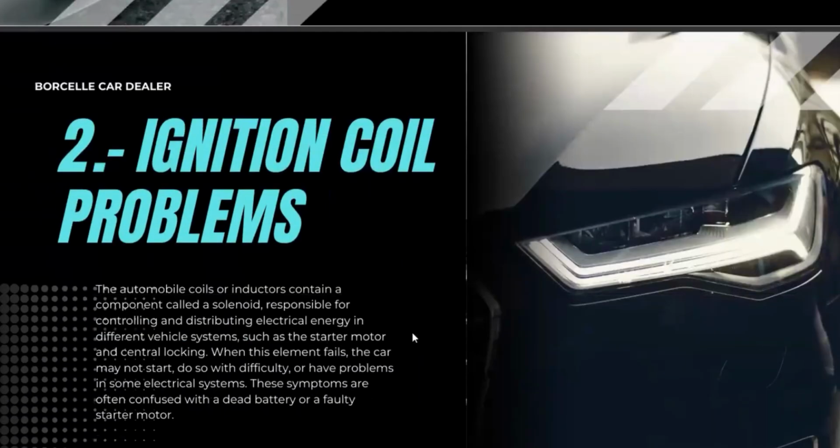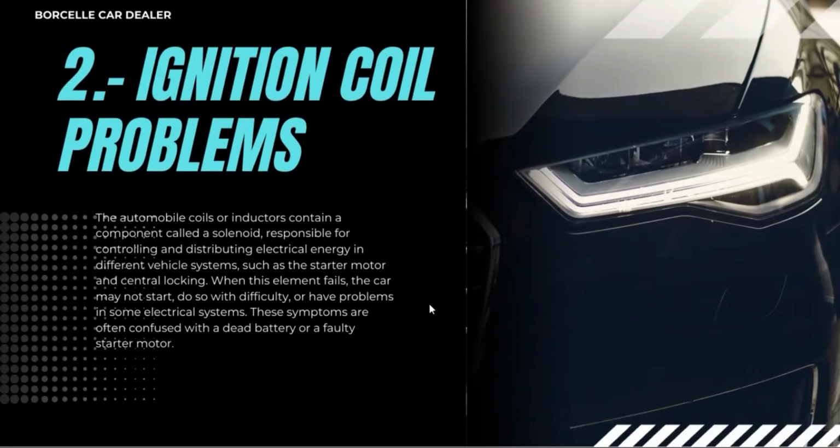2. Ignition coil problem. The automobile coil or inductor contains a component called a solenoid, responsible for controlling and distributing electrical energy in different vehicle systems, such as the starter motor and central locking.